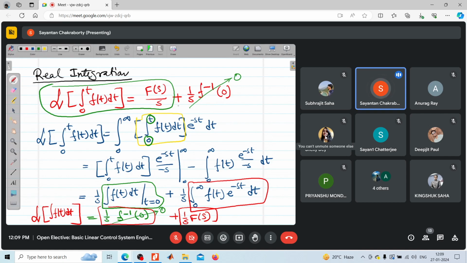Okay, so these are the very common things that you need to understand so that you can solve the differential equations, and then we'll see how the inverse Laplace transform can be used in this regard.